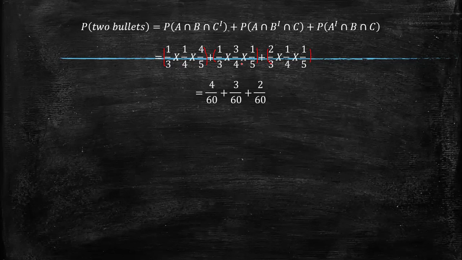And then we add 4 plus 3 plus 2, which gives us, I guess, 9. And if this gives us 9 out of 60, we divide by 3. So 3 is a common factor. And here when we divide by 3, it gives us 20. So that is why we have our final answer as 3 out of 20. So that is the probability that the monkey is going to be hit by 2 bullets.